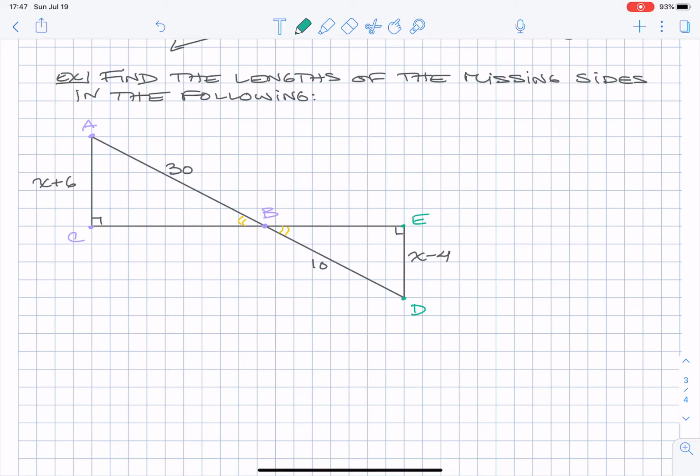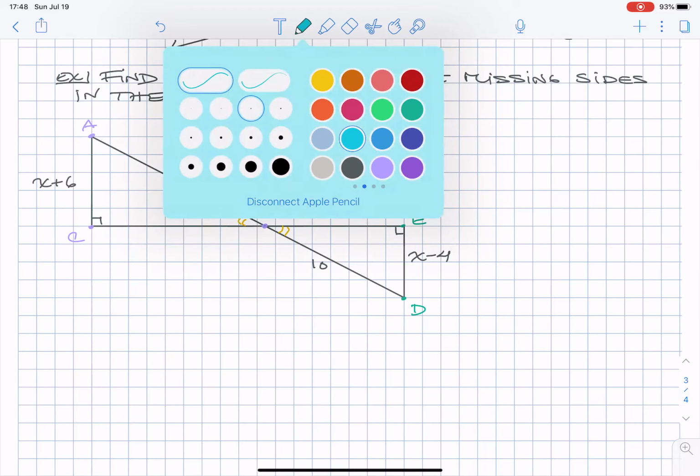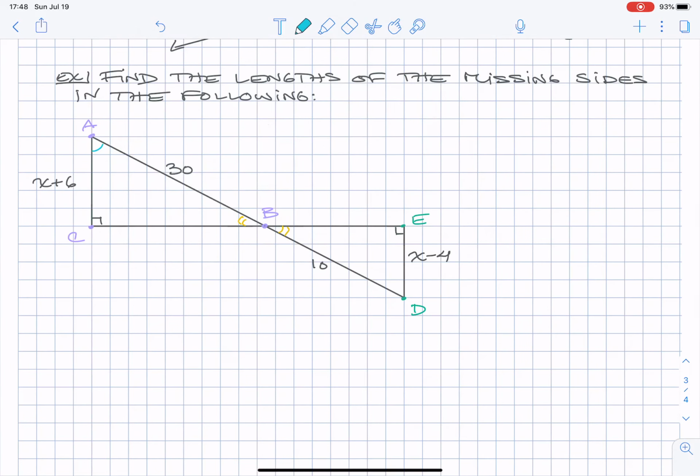Okay, so these are both right angles, so that's 90. I know that whatever the yellow angle is, it's the same. So by default, the remaining angles must be equal. So angle A has to be the same as angle D, right? I can just gather that by default.